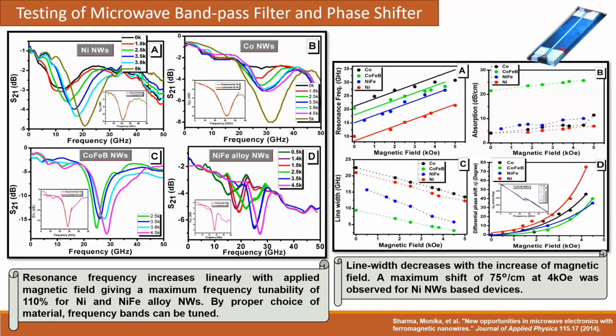And by proper choice of material, the frequency bands can also be tuned. Further, the line width decreases with the increase of magnetic field. A maximum shift of 75 degree per centimeter at 4 kilo Oersted was observed for nickel nanowires based devices. So the appropriate choice of materials can help us choose the kind of device we want to design.